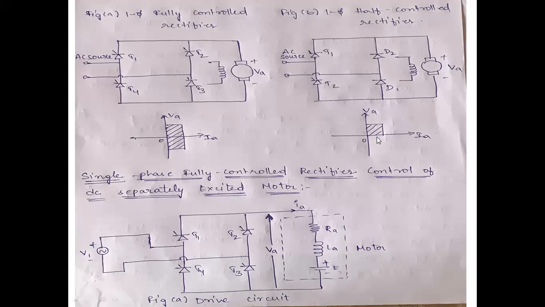Now I will explain briefly the single phase fully controlled rectifier control of a DC separately excited motor. The type of motor we are taking here is the separately excited motor.